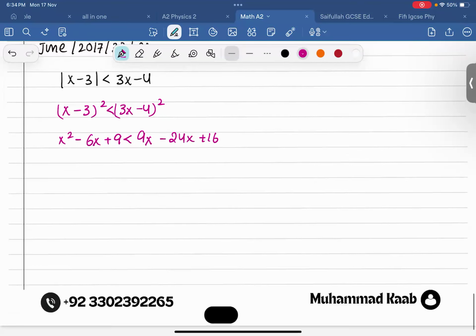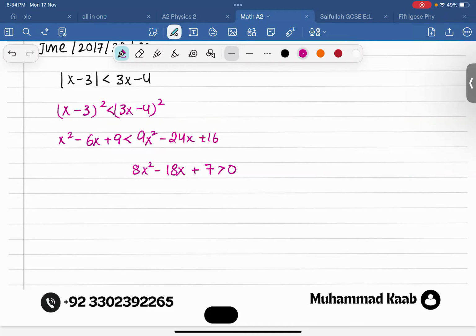Solving it further, it becomes 8x squared, and that becomes negative 18x, and taking it to the other side, I think it would be 7, equals 0, right?